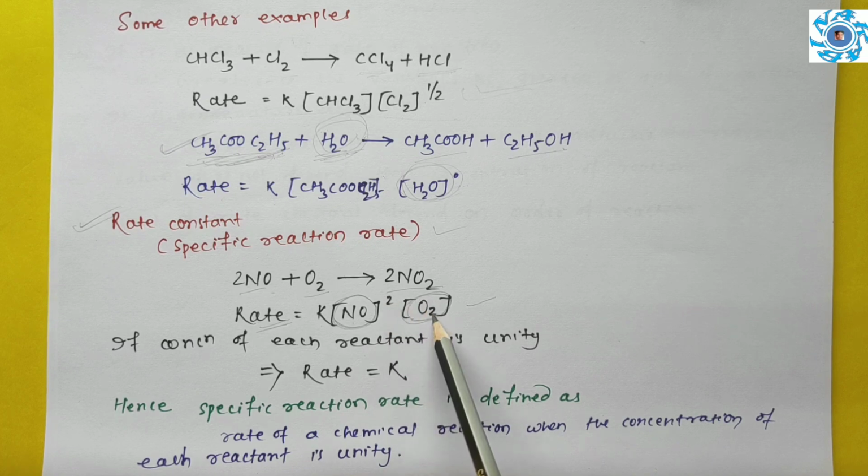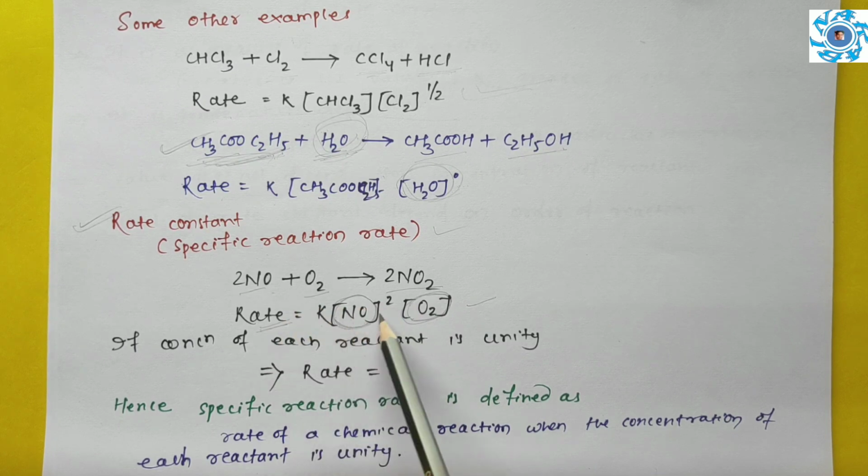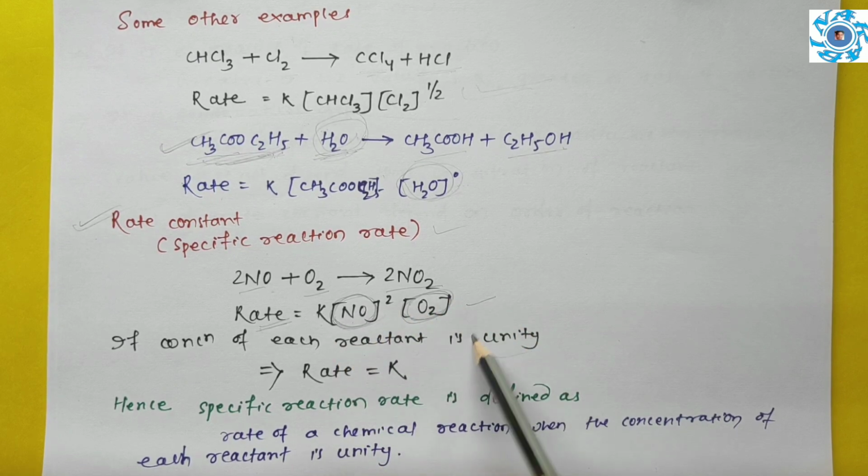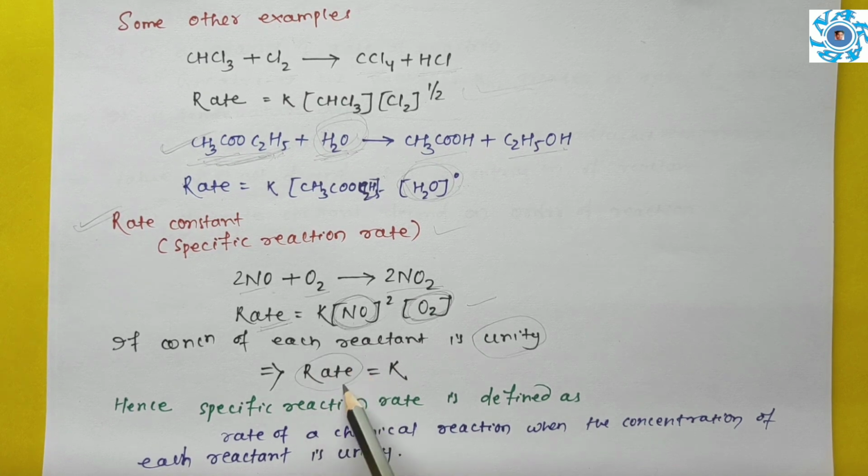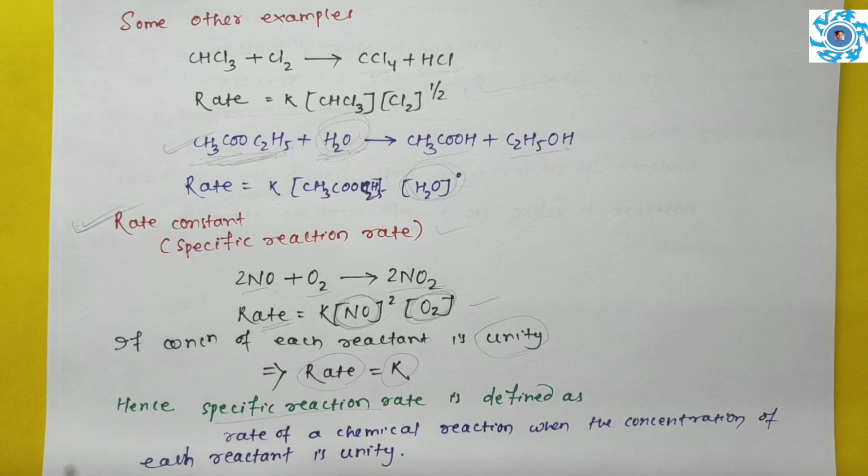So finally rate is equal to k. If the concentration of all the reacting species is unity, then rate becomes equal to the rate constant. Clear? So the statement of specific reaction rate or rate constant is: specific reaction rate is defined as the rate of a chemical reaction when the concentration of each reactant is unity.